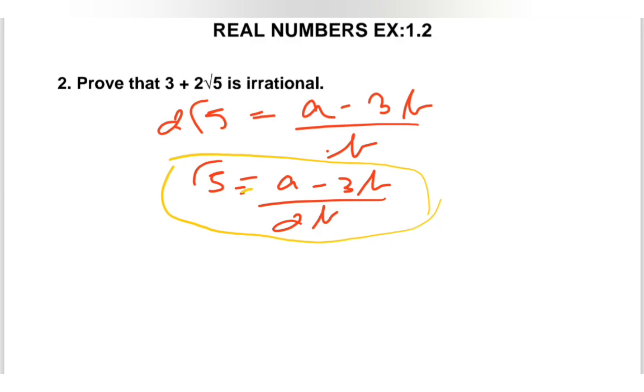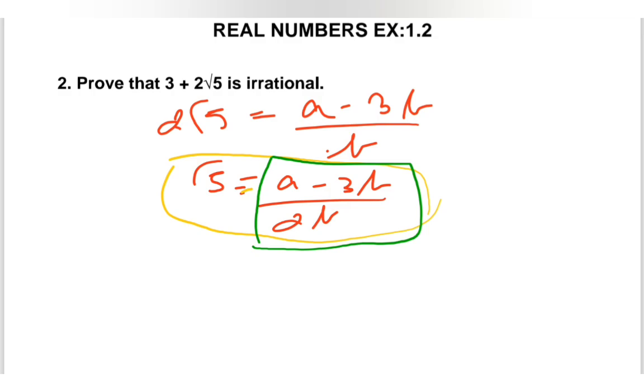Since all of a and b are integers, the RHS is rational, because if you subtract or multiply it is in a rational form, right? So we cannot say that the RHS is irrational. We know that a minus 3b by 2b can be divided and subtracted, so it is in rational form.